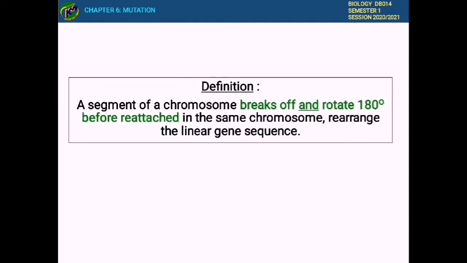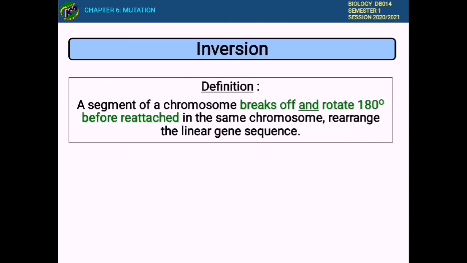Next, inversion. Inversion is when a segment of chromosome breaks off and rotates 180 degrees before reattaching in the same chromosome, rearranging the linear gene sequence.